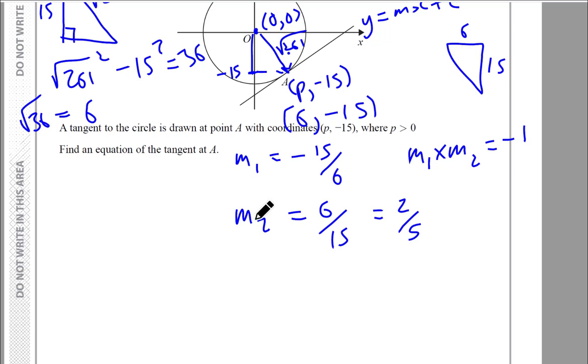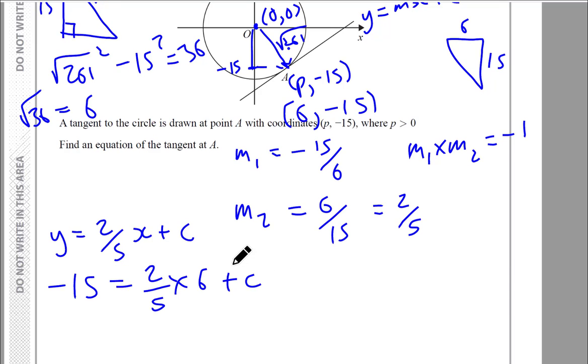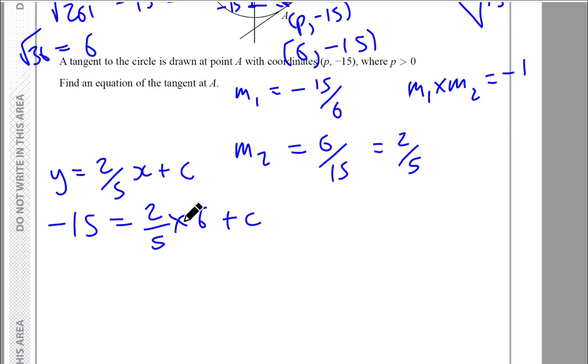So we know the tangent is in the form y equals 2 over 5x plus c, but we know this coordinate we can substitute in to find c, so let's substitute that in. Minus 15 equals 2 over 5, x is 6, let's just do the whole thing, times 6 plus c. We're going to get minus 15 equals 12 over 5 plus c.